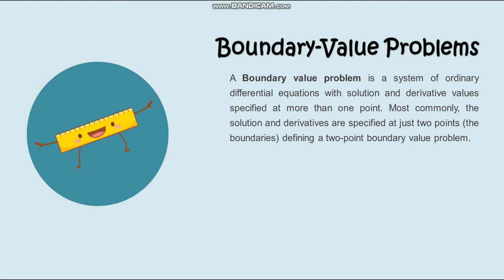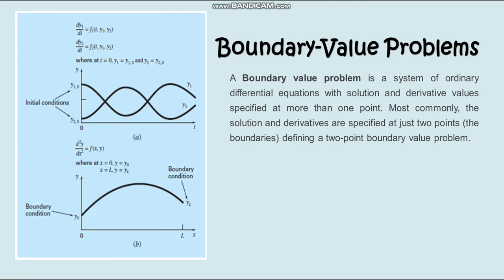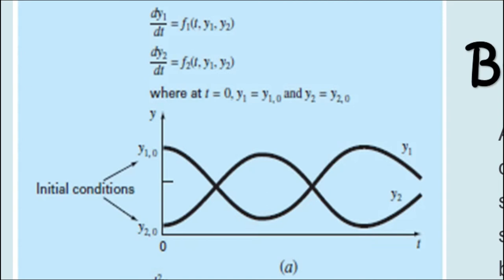It is basically starting from zero as usual, and it is telling us where the initial conditions could be and where the boundary conditions could be. As you can see, the equations for the initial conditions are dy sub 1 over dt is equal to f sub 1 of t, y sub 1, and y sub 2.